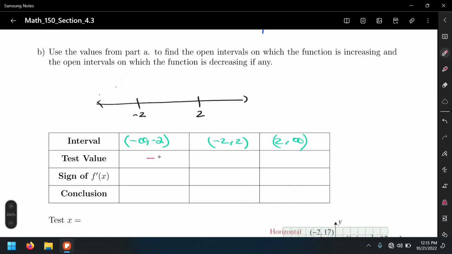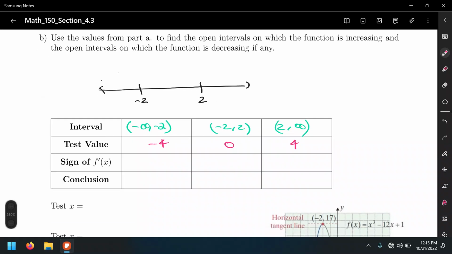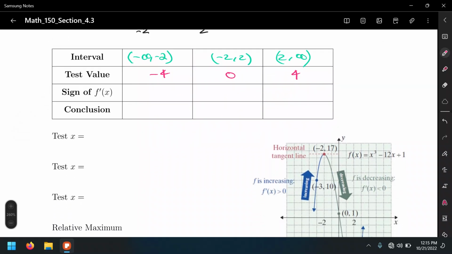Negative 4, alright. Any number between negative 2 and 2? 0. That's the easiest one. What about between 2 and infinity? 4, or 3, that's fine. Either way is fine. Okay, so we're going to test negative 4, we're going to test 0, and we are going to test 4.